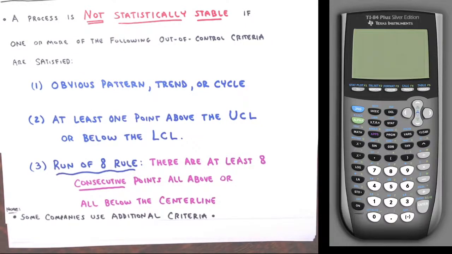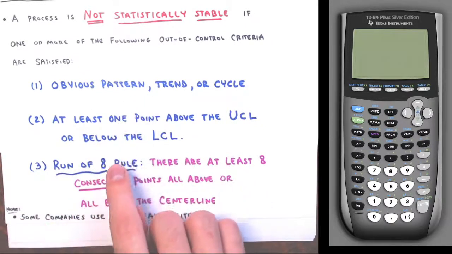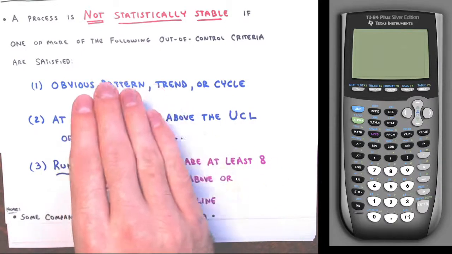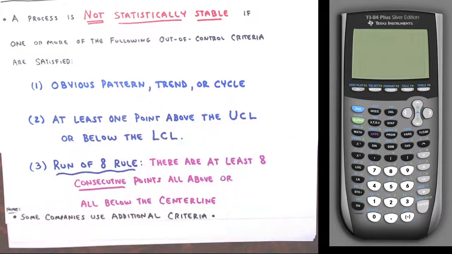All right. Now again, a little note here. I'm just going to base mine on these 3, and number one ties into some of the earlier ones I mentioned when I was talking about run charts. But just a little note: some companies use additional criteria to determine if a process is stable or not. I'm not going to get into that.